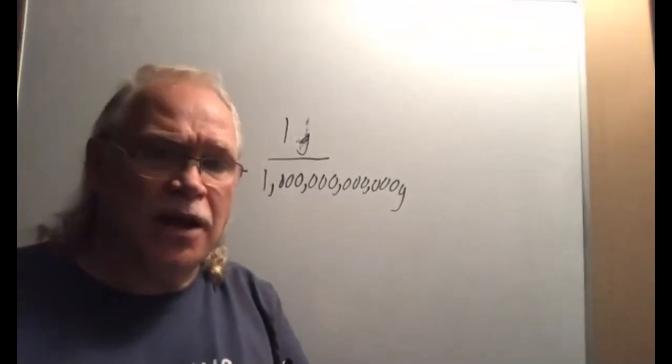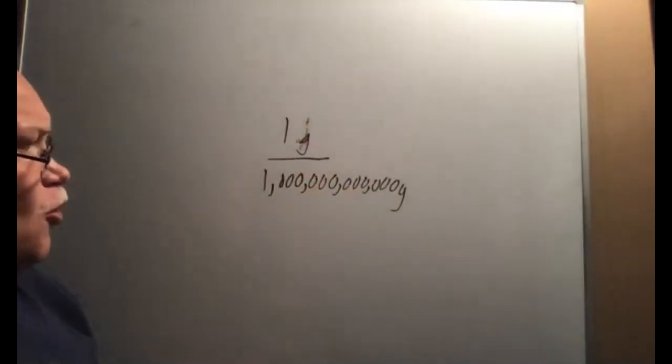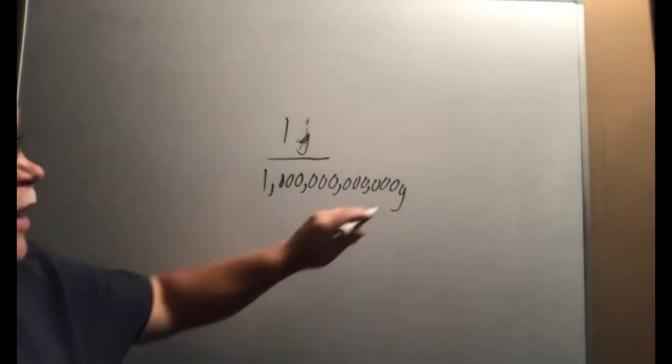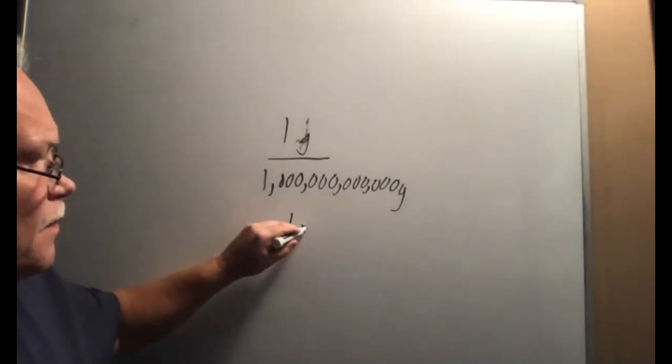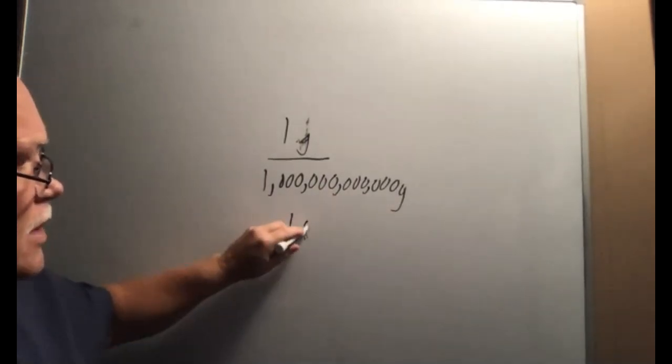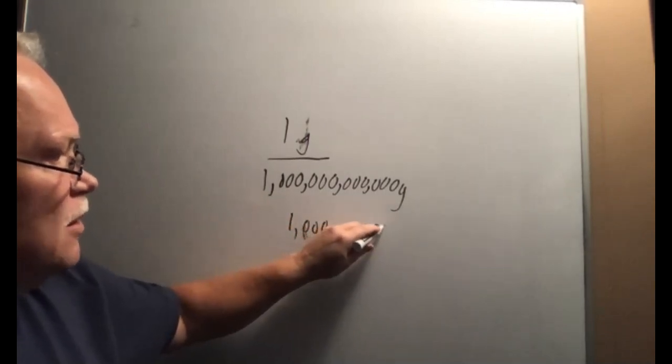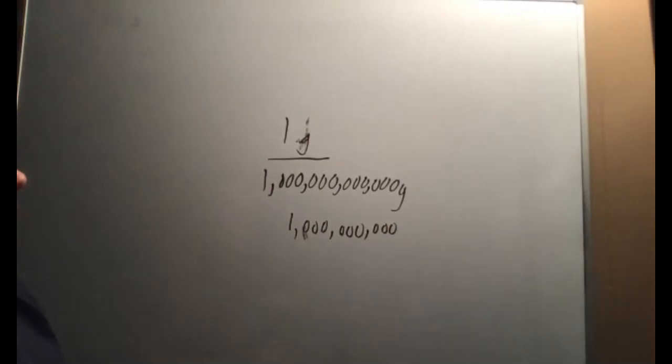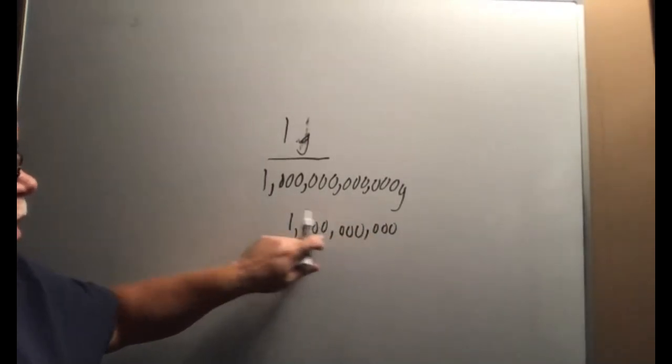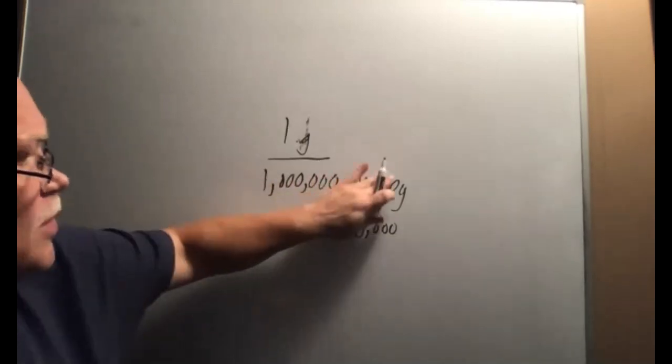Now watch this. 1 part per billion. 1 gram per a billion grams. Let's just take away 3 zeros. That still leaves us 9 of them. Or is that billion? That's billion there. Okay. Whoops, I had too many zeros.